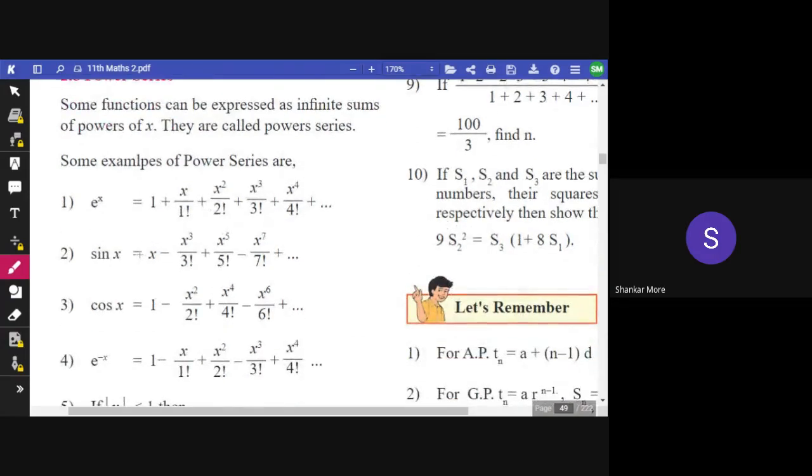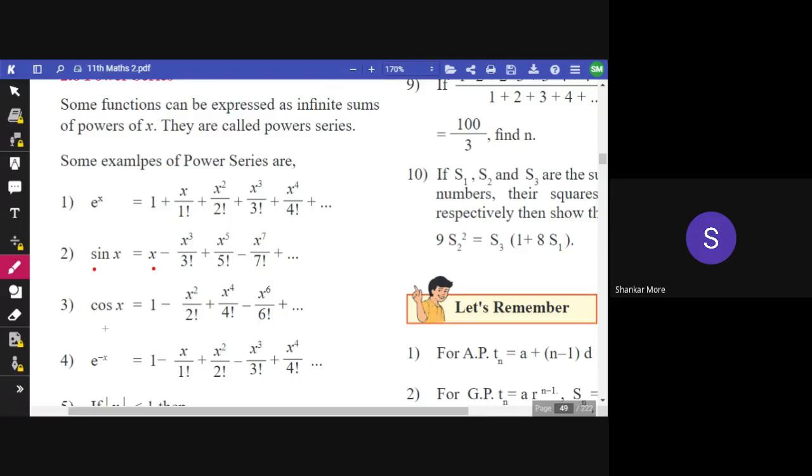Some power series are: e raised to x can be written as 1 plus x by 1 factorial plus x square by 2 factorial plus x cube by 3 factorial plus x raised to 4 by 4 factorial. Sin x can be represented as x minus x cube divided by 3 factorial plus x raised to 5 divided by 5 factorial minus x raised to 7 divided by 7 factorial.